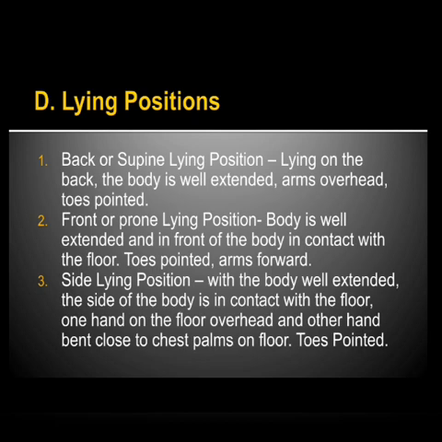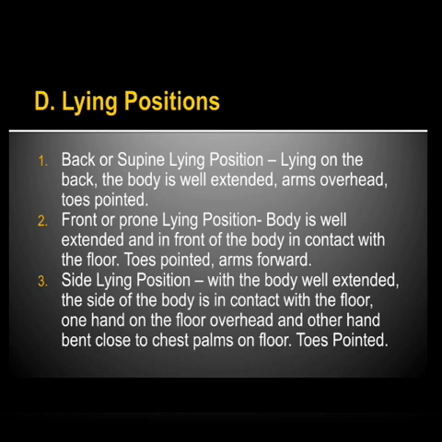The fourth one is lying positions. First, we have back or supine lying position. Lying on the back, the body is well extended, arms overhead, toes pointed. Second, front or prone lying position. Body is well extended and the front of the body is in contact with the floor, toes pointed, arms forward. 3.